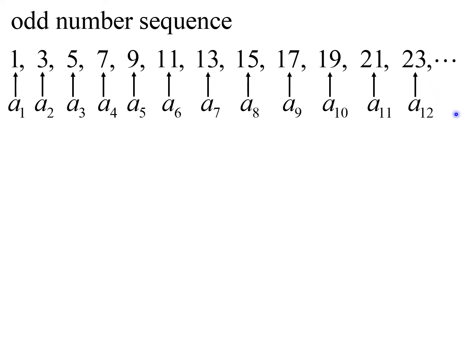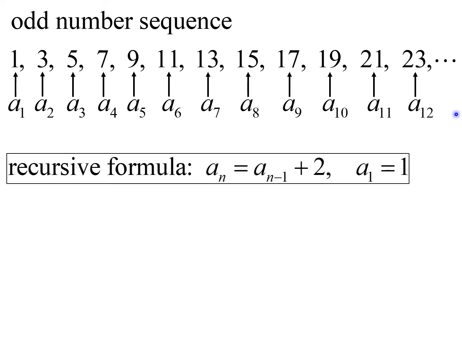So what we're going to look at for the odd number sequence is a recursive formula. With a recursive formula, you need the term that's before to get the present term. So let's take a look at an example. A6, for instance.